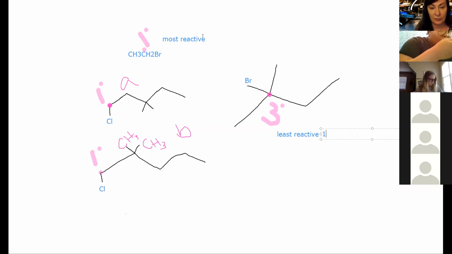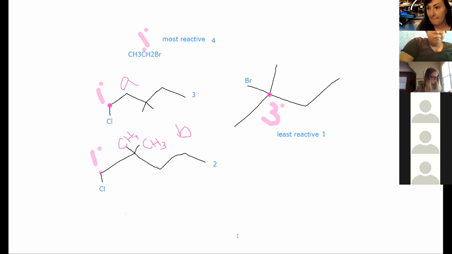Most reactive, right here, is going to be 4, okay? If this is least reactive and this is most reactive, what number do we need to give to compound A? 3. Compound A is going to be number 3, and compound B is going to be number 2.